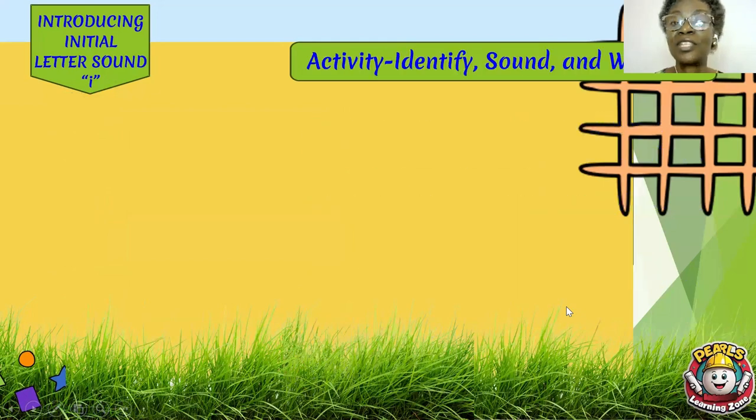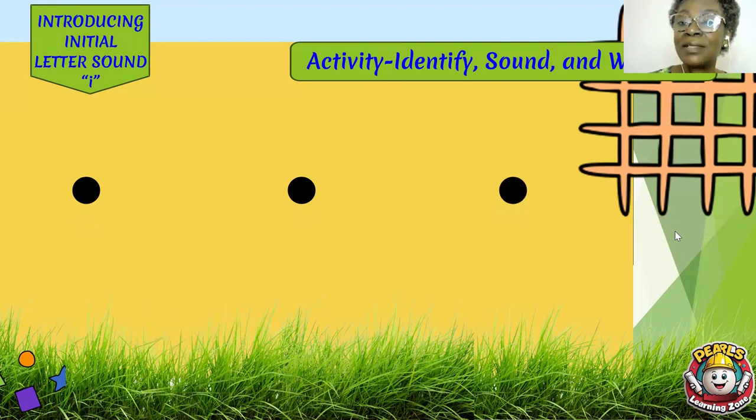So, initial letter sound E, you're going to write it without any help now. That's where we are. These dotted dots are to help you know where to start from. Pick your pen or pencils and go there. E.